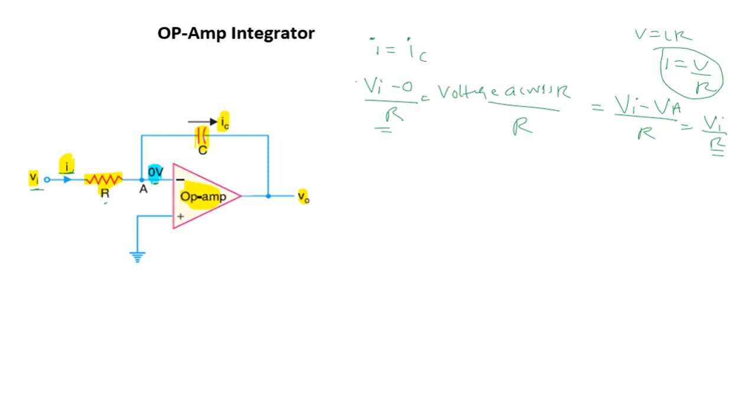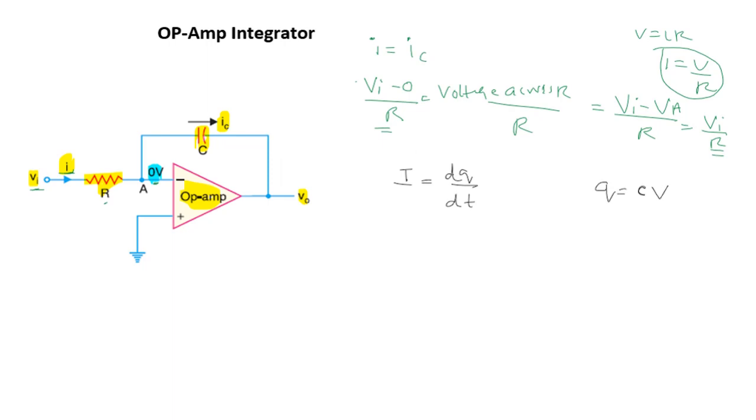So now what about IC? IC is the current through capacitance. Now we know that current I is equal to dq by dt, and the capacitance will follow the equation Q is equal to CV.